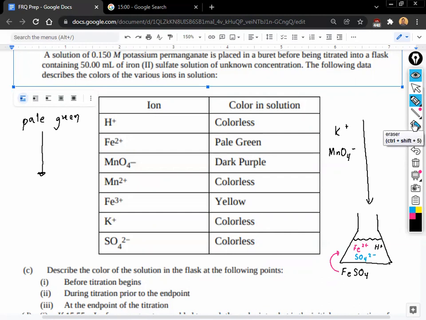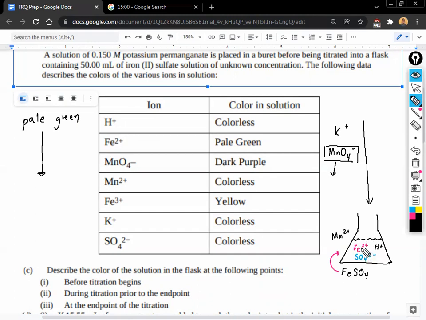If you take a look at the reaction that we did for the net ionic reaction, what does MnO4 minus turn into when it starts reacting with FeSO4? Yeah, MnO4 minus, when it goes into this flask, is going to start turning into Mn2 plus, because it's reacting with the stuff in there.